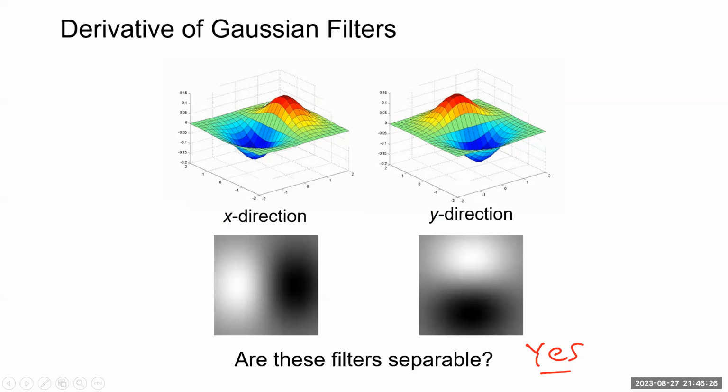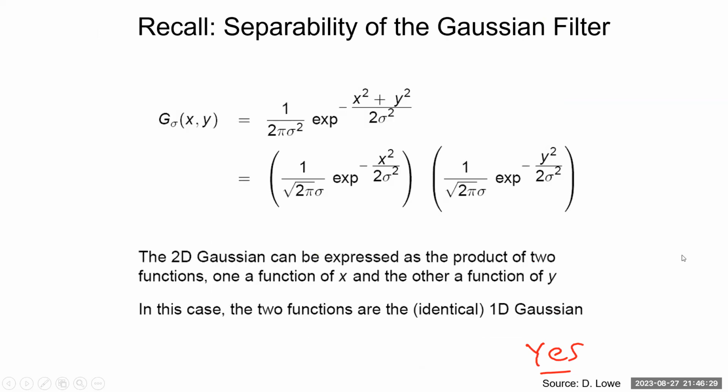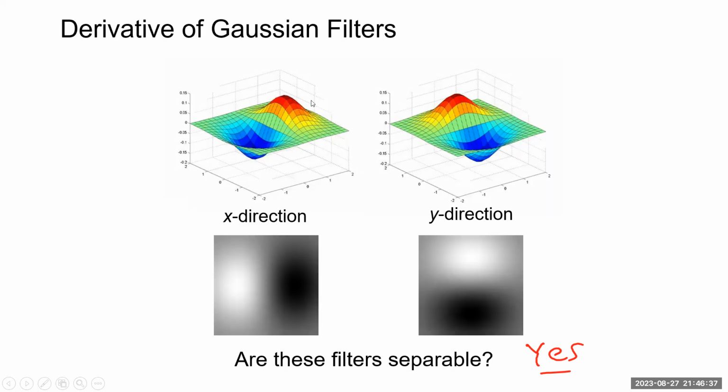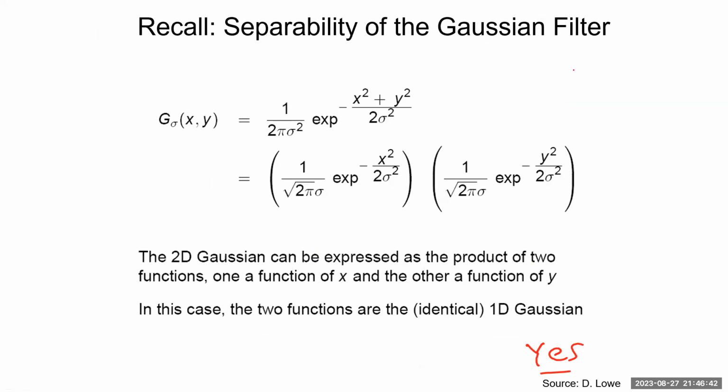Now we move forward. They are talking about the proof of separability of the Gaussian filter. If you want to prove the Gaussian filter is separable, what we are trying to do is segment this out.